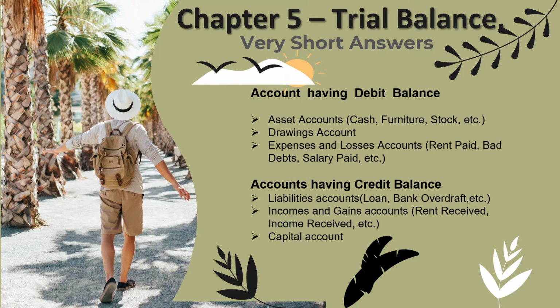And accounts having credit balance: liabilities, the borrowings of the business in the form of loan, bank overdraft, creditors, bills payable. These all have credit balance. All incomes and gains accounts, for example, rent received, interest received, commission received. These all incomes have credit balance, and capital account has a credit balance.